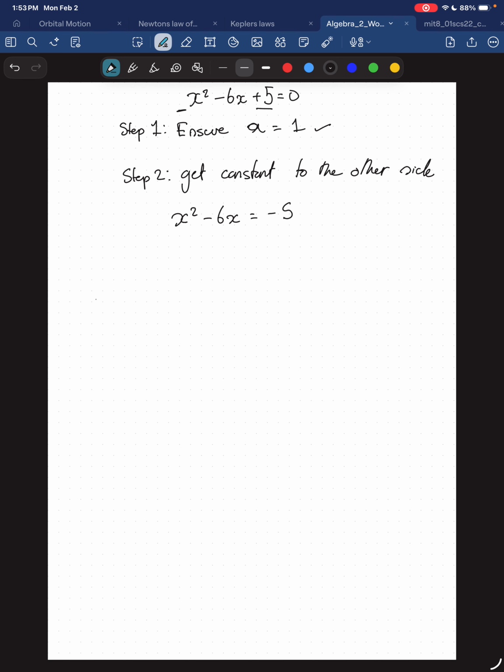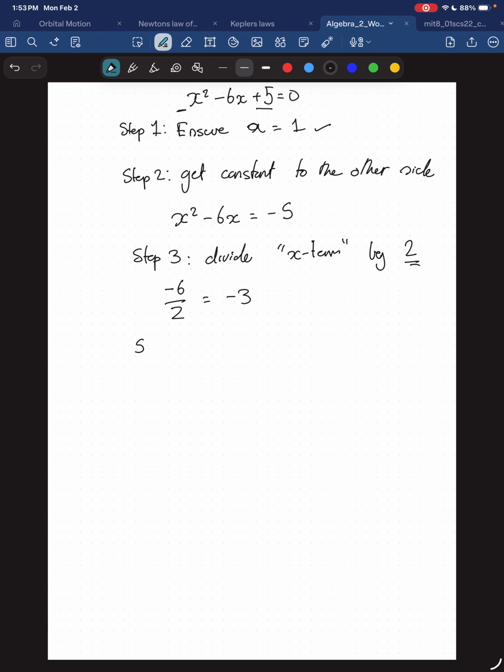And then step 3 is to divide the x term, which is b, by 2. It's always b. Our x term in this case is minus 6, sorry, not minus 6x, just minus 6. Minus 6 divided by 2 is equal to minus 3.